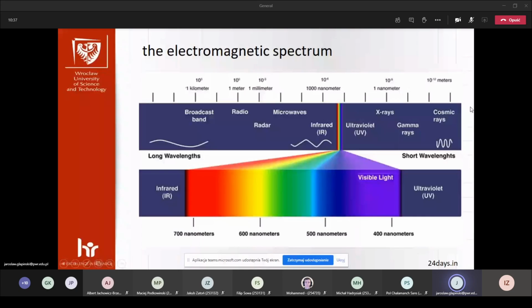The frequency range is very wide, let's start with 100 Hertz and stop with terahertz and more.